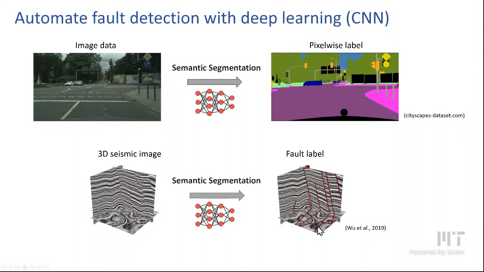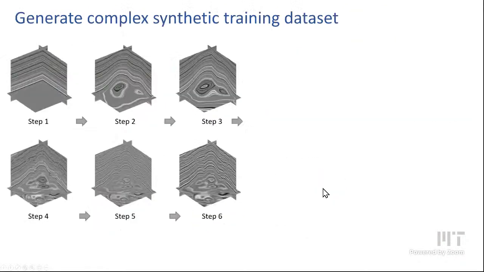The fault planes are straight lines, and the horizons and the fault geometries are also not representative of complex geology. And so instead, we created a package in-house for generating a complex synthetic training data set.